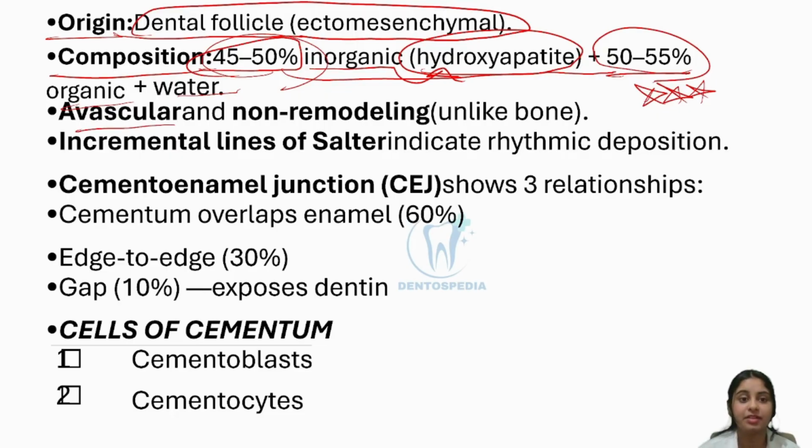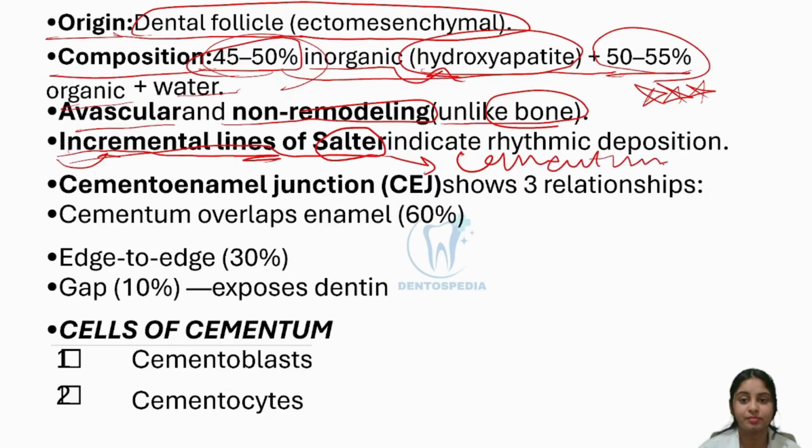They are avascular and do not perform any remodeling, unlike bone, which performs remodeling. Cementum deposition occurs in a pattern of growth lines, represented as the incremental lines of Salter. So it is very important to remember, Salter is for cementum. Understand?